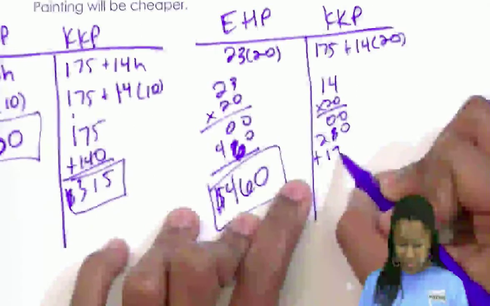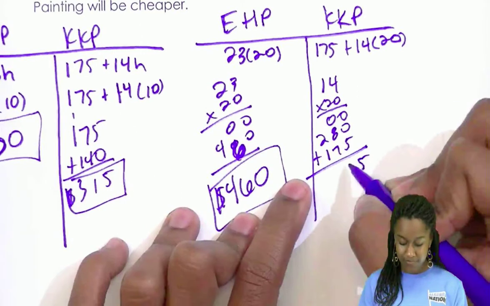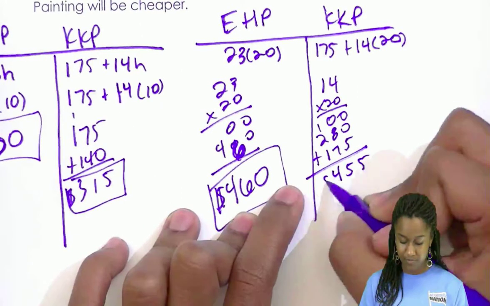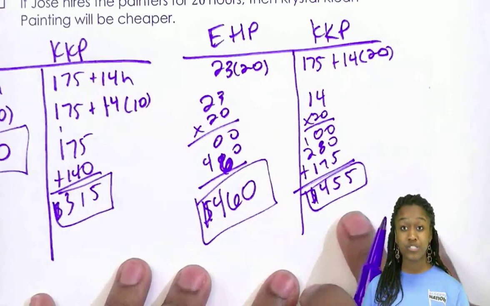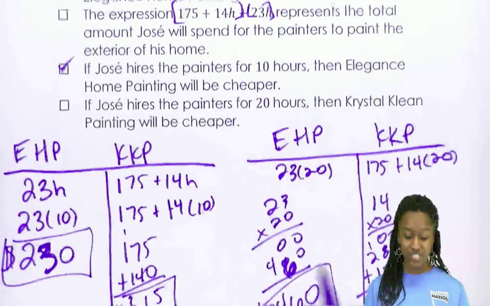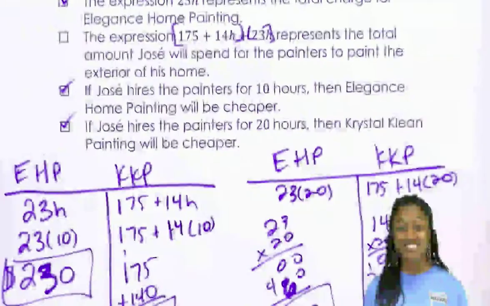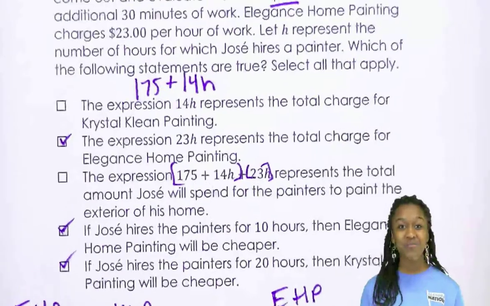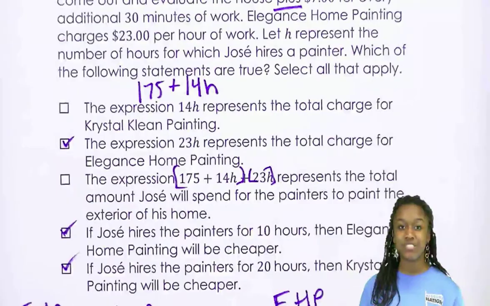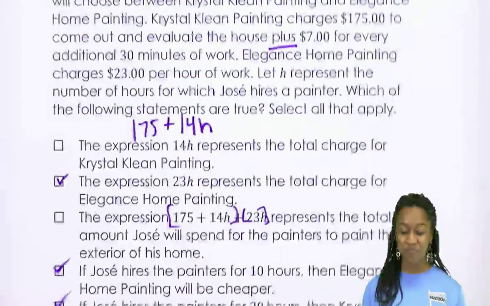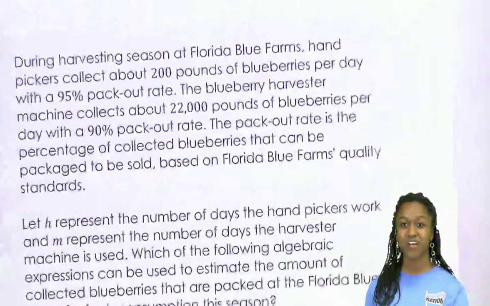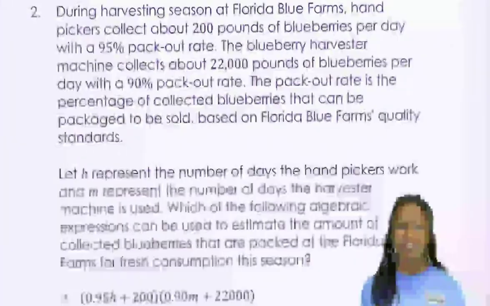And then we need to add 175 to that. All right, so which one's cheaper? Crystal Clean Painting by about $5. So that means that this statement is true. All right, so that means we have three true statements here. The second choice, fourth choice, and fifth choice. All righty, let's go ahead and move on to question number 2.